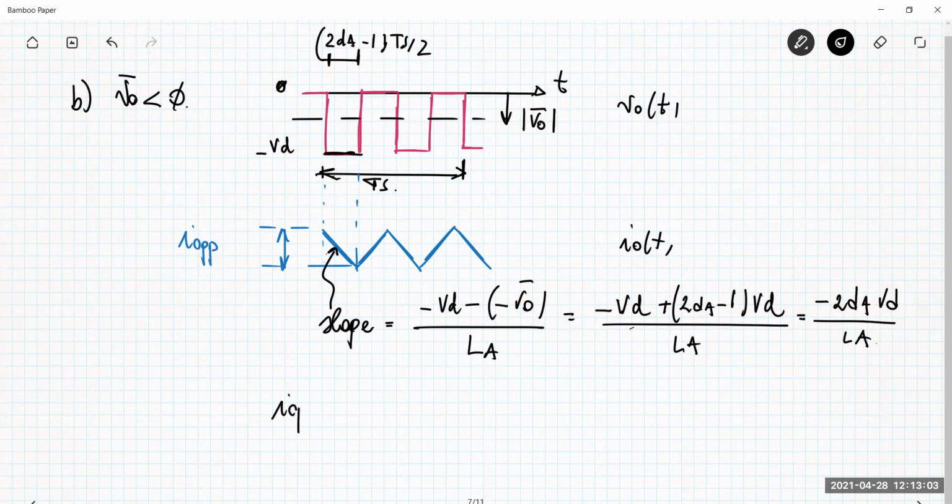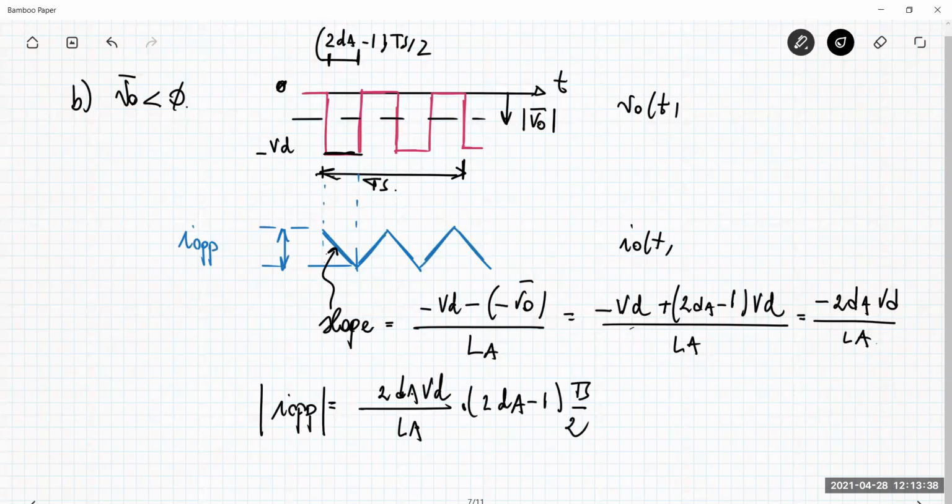What about the current? The peak-to-peak is simply given by the slope multiplied by the duration. The slope is, let me put now the absolute value, because I'm using the negative slope, so if I do not put absolute value, I get the negative peak-to-peak value, which is a nonsense. So 2 times (1 minus dA) Vd over LA multiplied by the duration, which is (2 dA minus 1) Ts over 2.